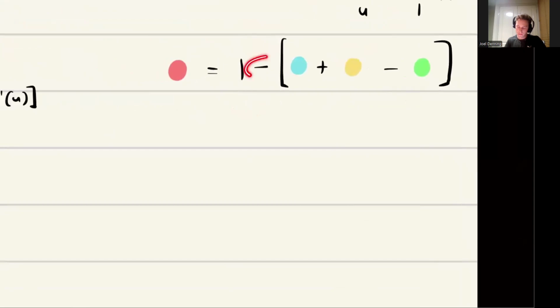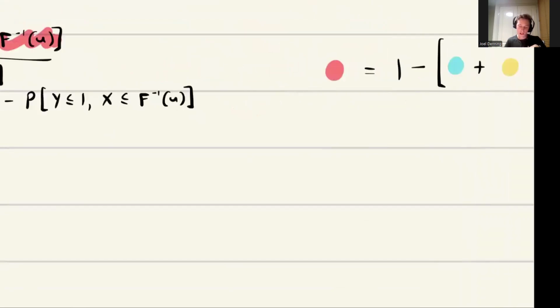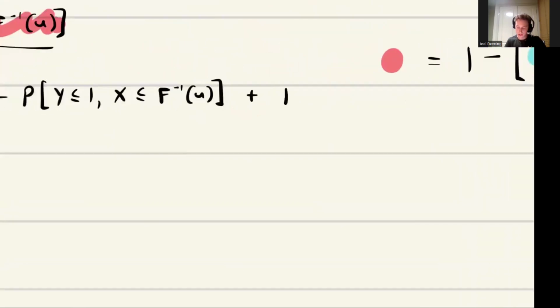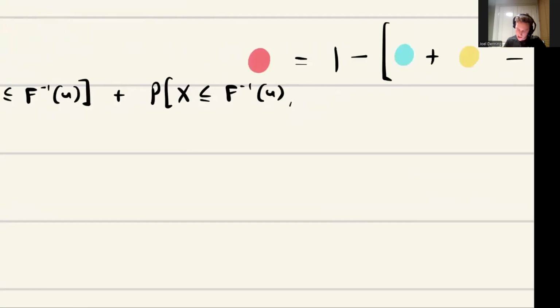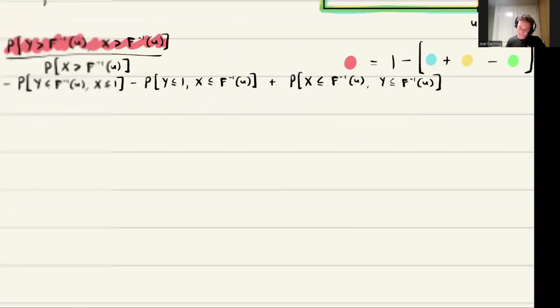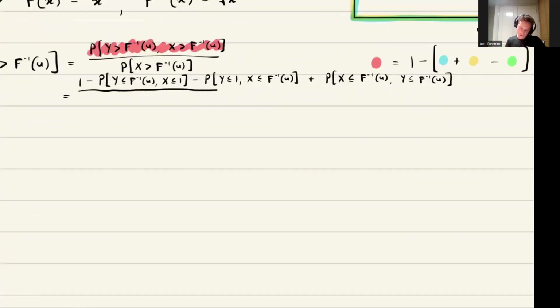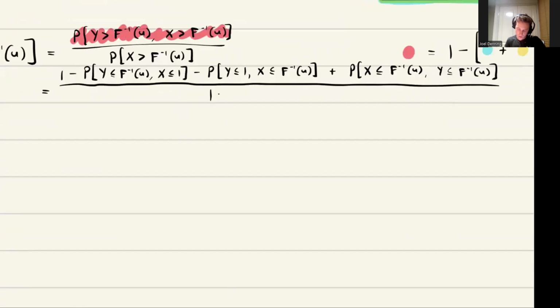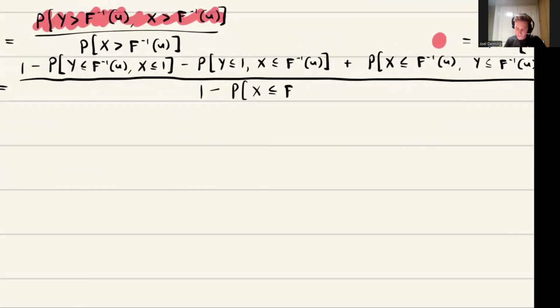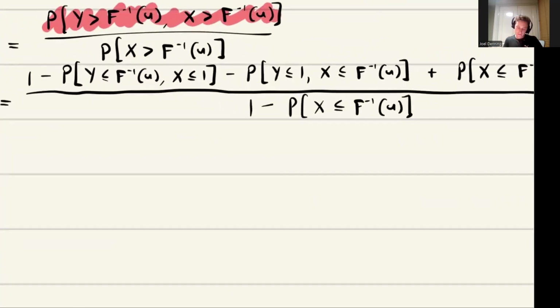And then since we've got a minus minus, that green part's going to become a plus. So it's going to be plus the probability that x is less than or equal to this inverse, and y is less than or equal to this inverse. And then that's all over 1 minus the probability that x is less than or equal to f inverse at u.